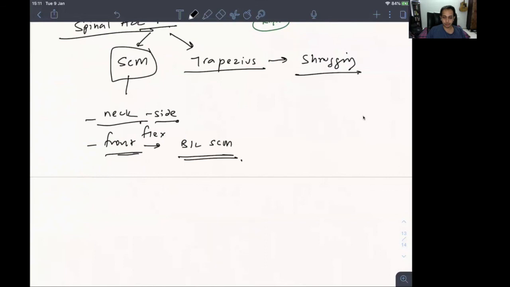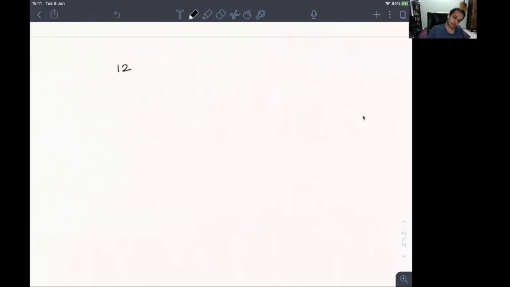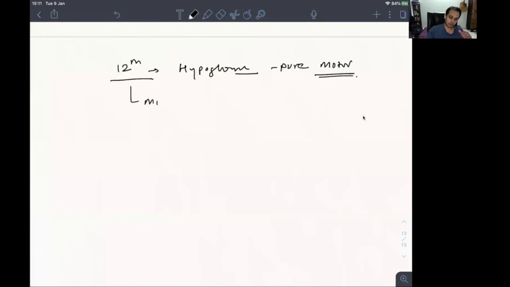Now coming to the 12th, which is hypoglossal, and that is a pure motor nerve. Even though it is supplying the tongue, there is no involvement of taste. What you check is movement of the tongue: side to side movement and protrusion.